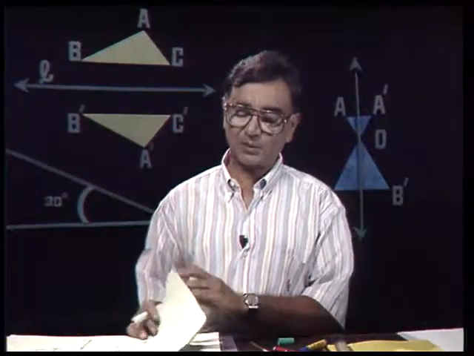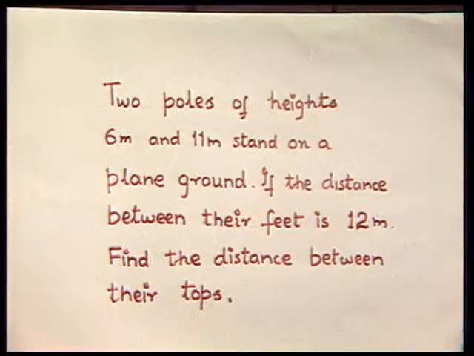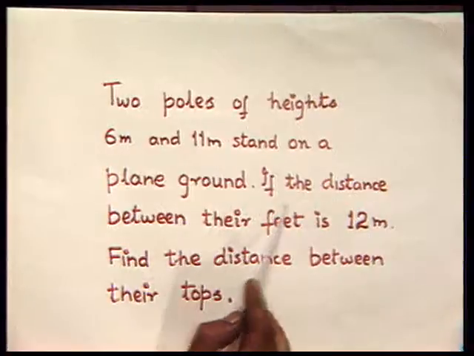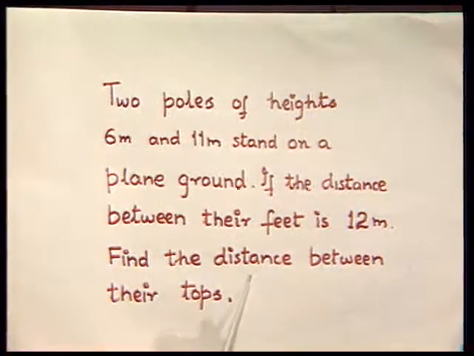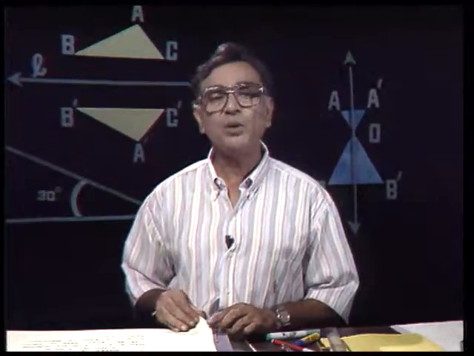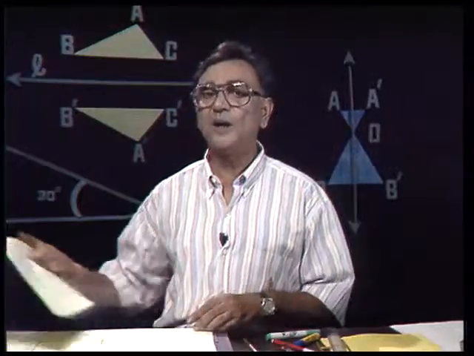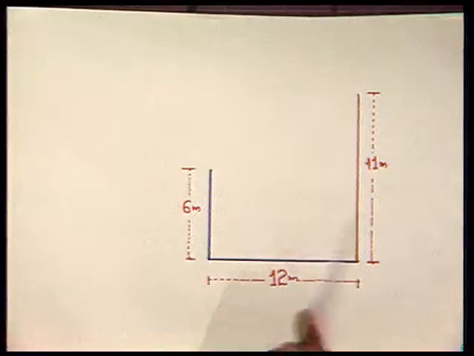We see another problem here. Two poles of heights 6 meter and 11 meter stand on a plain ground. If the distance between their feet is 12 meter, find the distance between their tops. Again, to get at its solution, we have to draw the diagram first. Here the two poles were 11 meter and 6 meter.